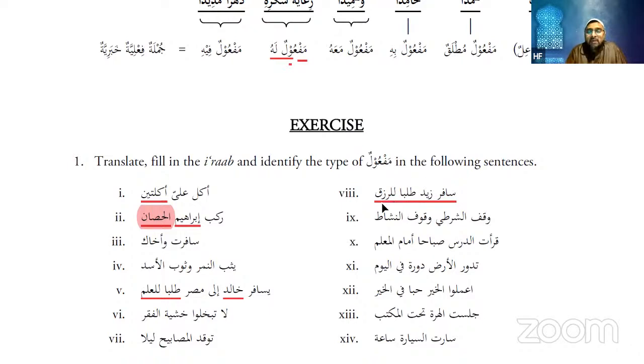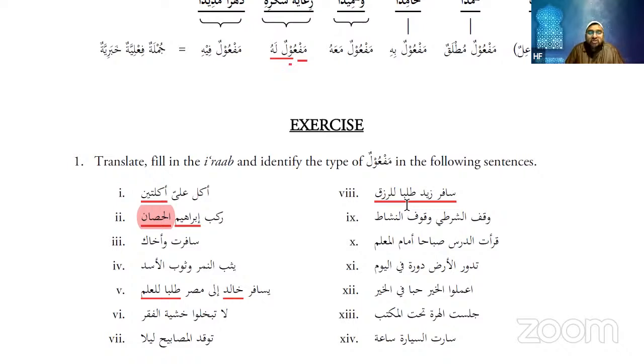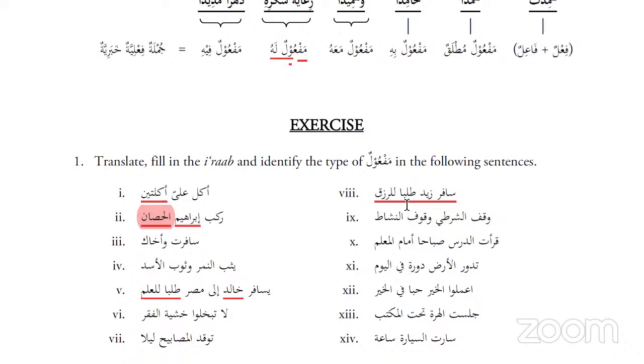What type of maf'ul? Talaban le rizki is maf'ul lahu. It's explaining the reason why the action is taking place. He traveled because he was trying to seek rizq, to get a better job. Lahu means for it. The verb took place because of this. Talaban rizki.